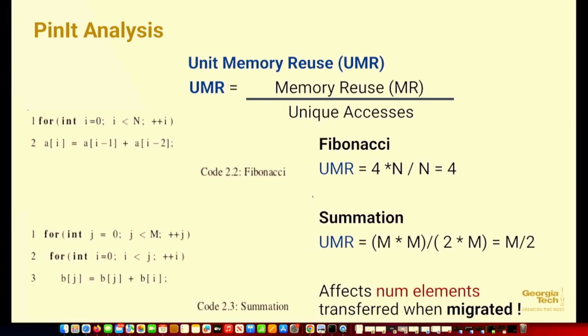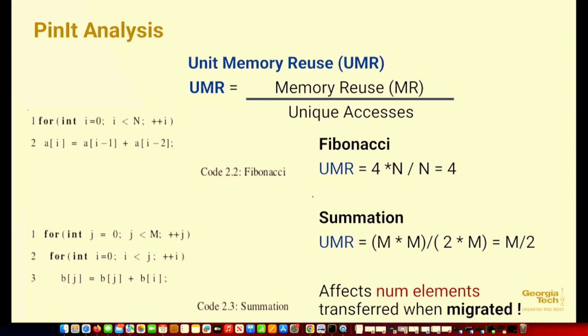We then define unit memory reuse as the amount of memory reuse that is generated by each unique memory access. This helps us to differentiate those loops that will incur a huge number of cache misses after migrations versus those that don't.